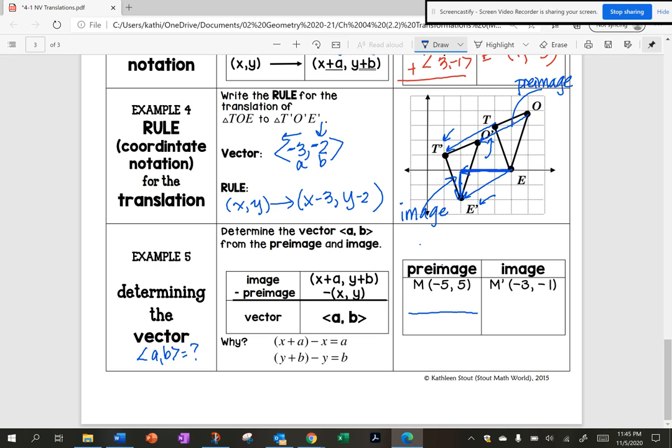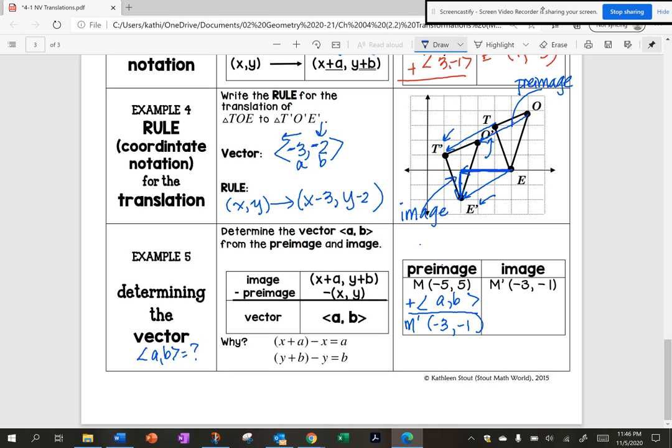Okay. So I'm going to start with, and I know that to go from my pre-image to my image, -3, -1, I'm going to add b.